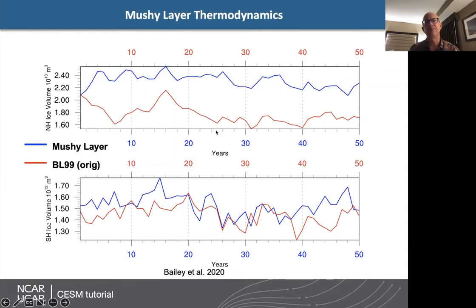I did some separate experiments myself where we evaluated the original thermodynamics against the new thermodynamics. And you can see that sometimes these changes internally in the model really change the overall thickness of the experiments.